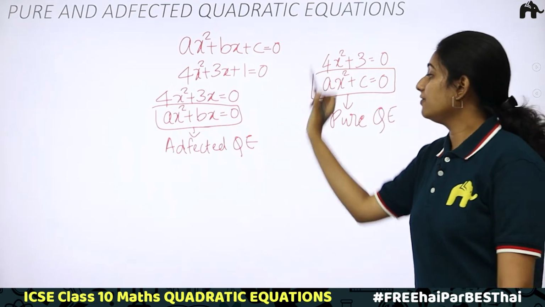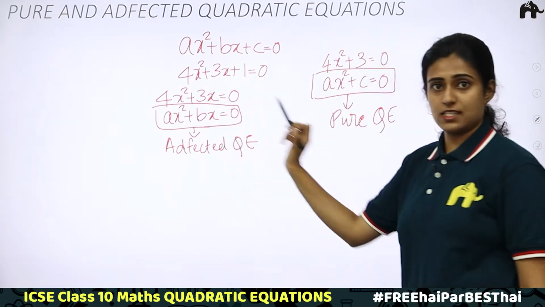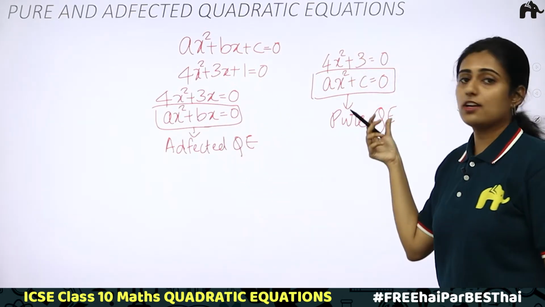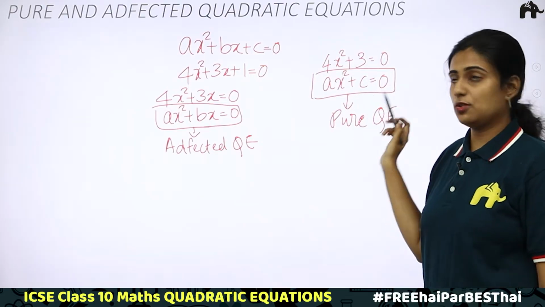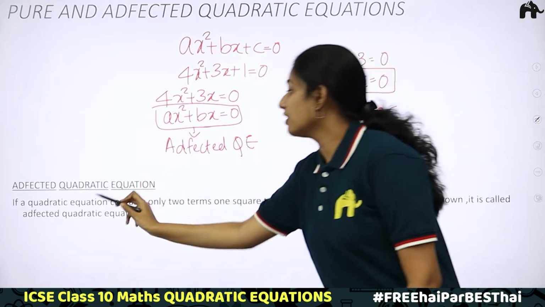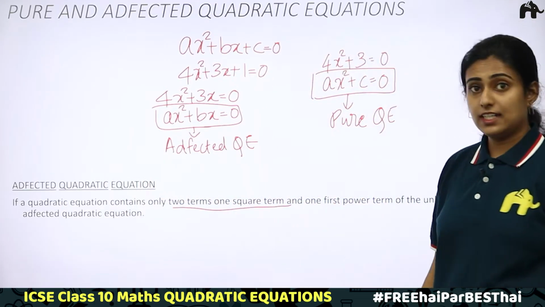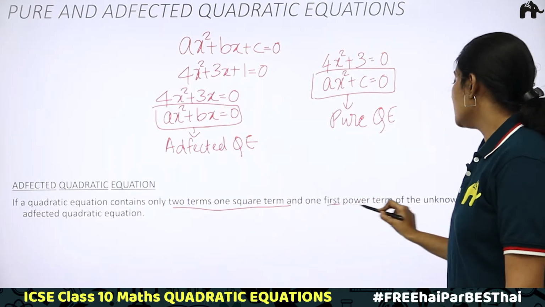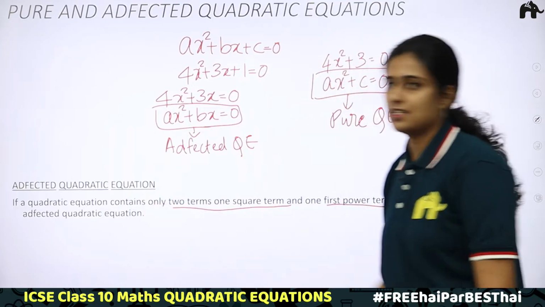Got it? Adfected quadratic equation is the form ax square plus bx is equal to 0 and pure quadratic equation is of the form ax square plus c is equal to 0. If a quadratic equation contains only 2 terms, one square term and one first power term of the unknown, it is called adfected quadratic equation.